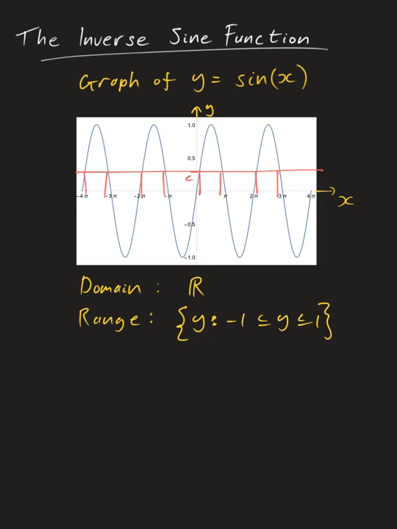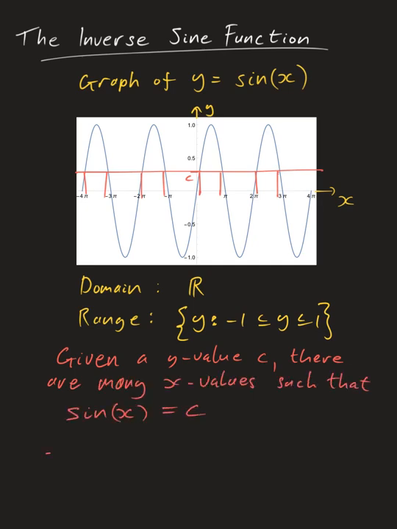Actually as many as you like, because this function goes on forever. So if we're given a y value c, there are infinitely many x values for which sine of x is equal to c. Therefore, there is no inverse.